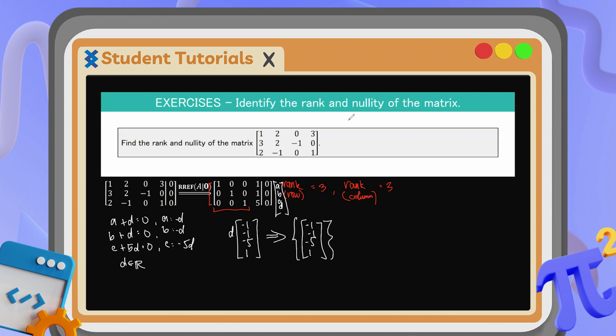And because of this, the dimension of the null space would be equal to 1, or your nullity would be equal to 1. So that is how you find the rank and the nullity of a matrix.